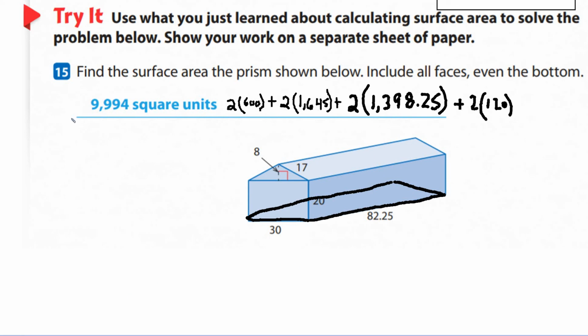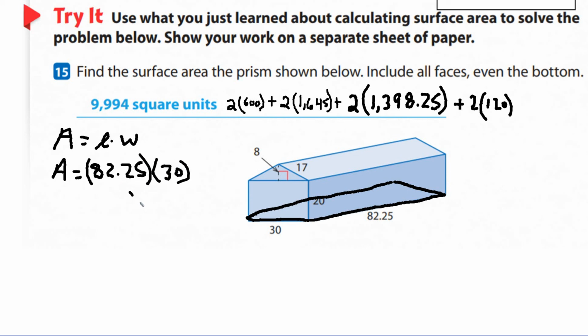So area equals length times width. That's a rectangle. The length is 82.25 times 30. And when you multiply them, you get 2,467.50.